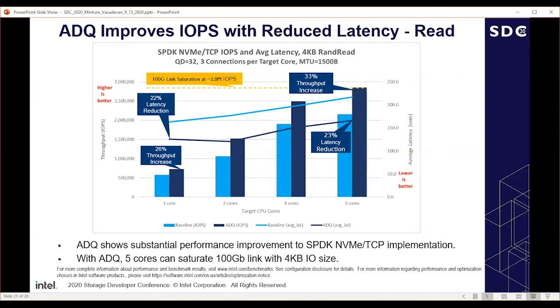So in essence, ADQ shows substantial performance improvement to the SPDK NVMe over TCP implementation. And just to round it up, the details are shown here in terms of what the queue depth was and how many connections per target core. And this was done for 4K random reads with the standard Ethernet MTU of 1500 bytes.